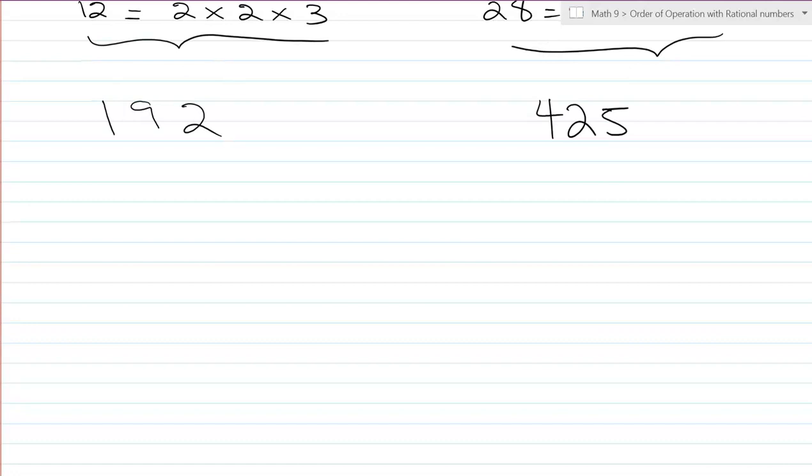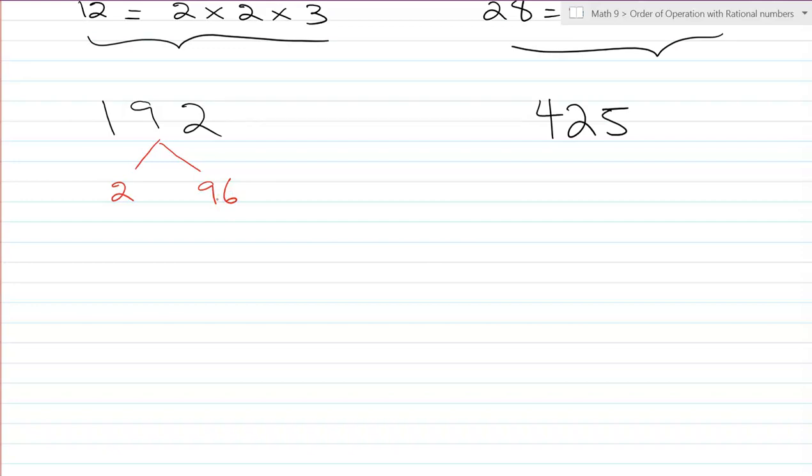Great. Let's look at a couple more examples. Let's go through the prime factorization of 192. Divided by 2, we get 96, because 96 times 2 is 192. If you can't do that, you can use a calculator.